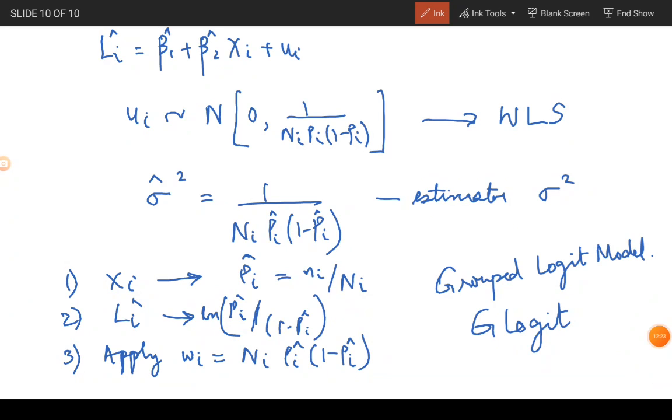So I'll end this section by just reminding you that if you have individual or ungrouped data, you cannot use the standard OLS or even the weighted least squares method. You will have to choose non-linear estimating procedures.